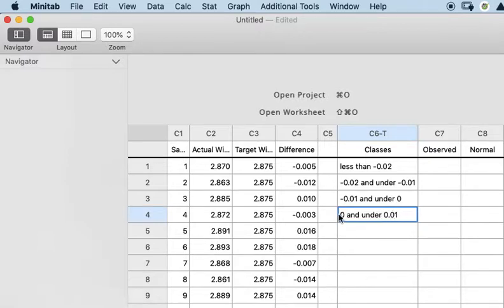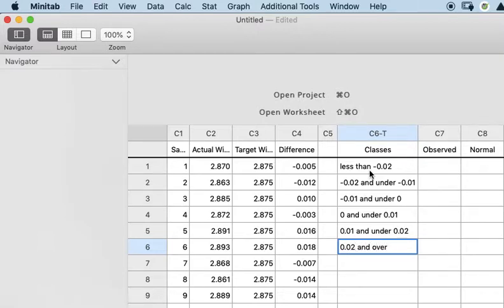This is the mean plus 1 standard deviation and the mean plus 2 standard deviations, and then greater than 2 standard deviations away from the mean.